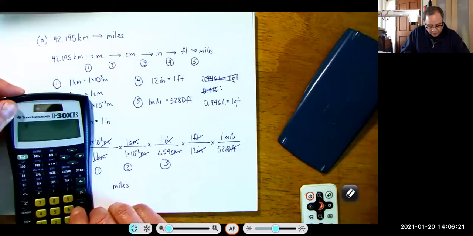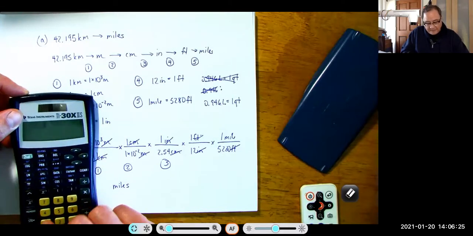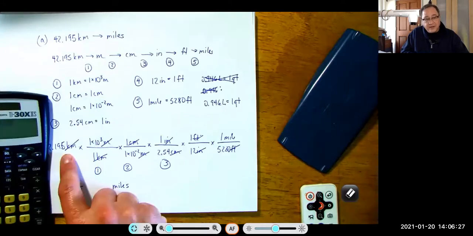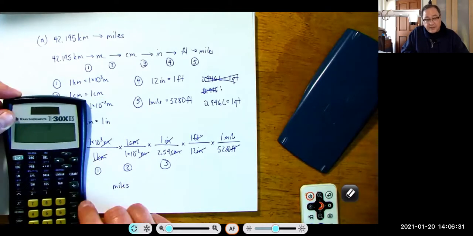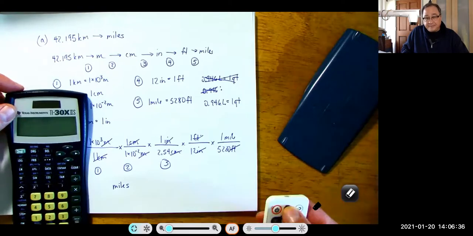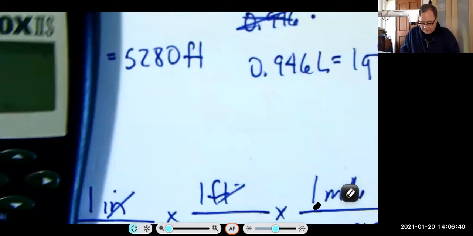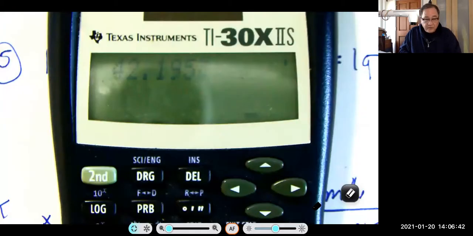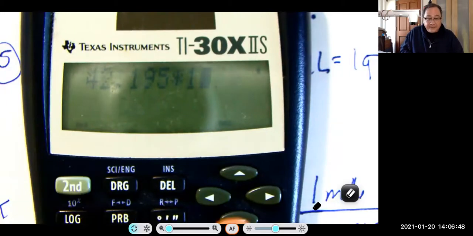So I'm going to start off with 42.195. That's this number. And I'm going to multiply by 1 times 10 to the third. So let me zoom in on this a little bit. So times 1 second EE3.